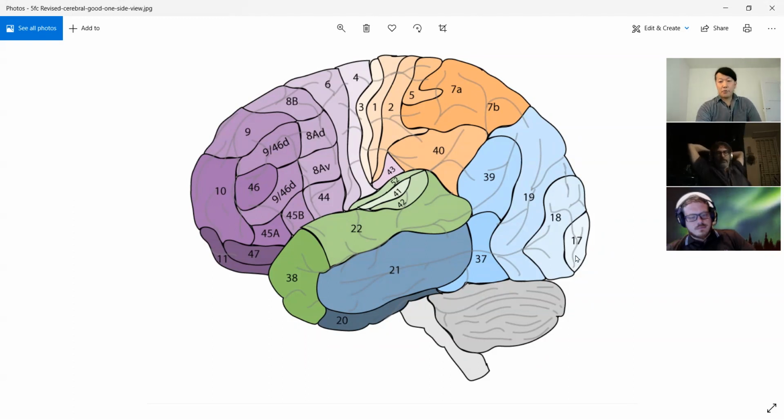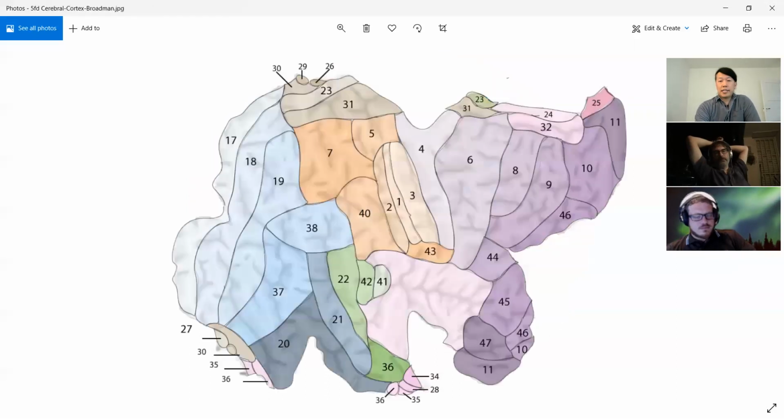So area 17 is primary visual cortex, secondary visual cortex has to do with space, and that has to do with cognition, and so on and so forth. So it's basically a patchwork quilt that maps all the things you think about, all the things you do. That's the cerebral cortex, and that's the same thing flattened out with those same Brodmann area numbers superimposed on the flattened sheet that we saw at the beginning of this section.